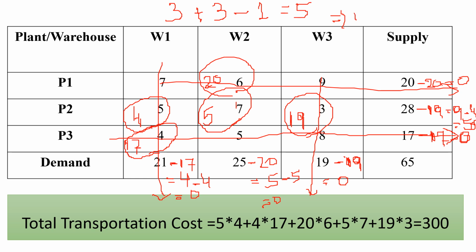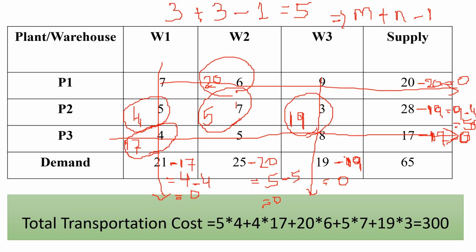Or you can say, just for the example, m may be the demand centers, n may be the supply centers, m plus n minus 1 equals your answer. The answer is the occupied cells in different types of resources, and these occupied cells are also called basic cells.